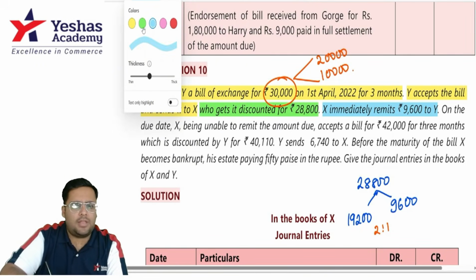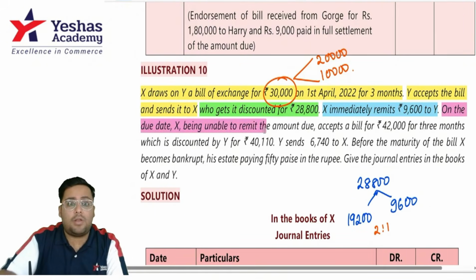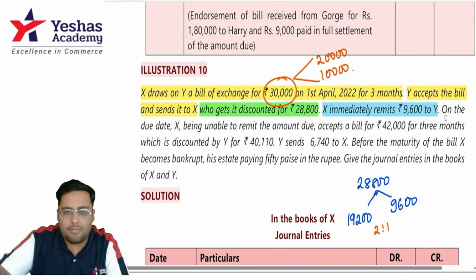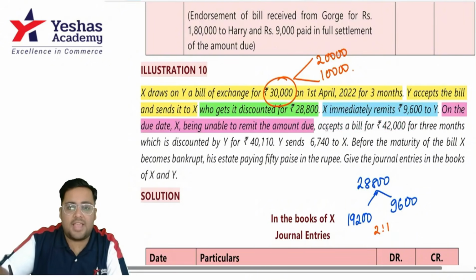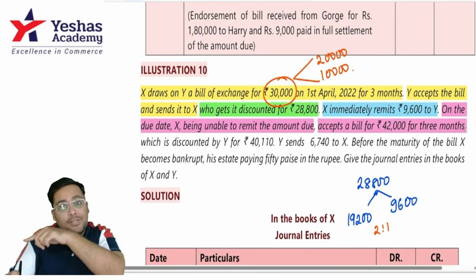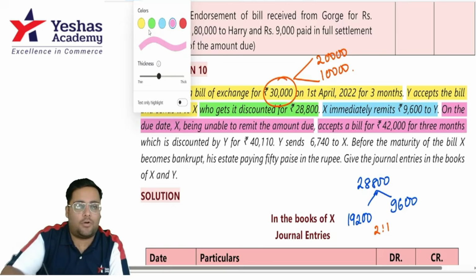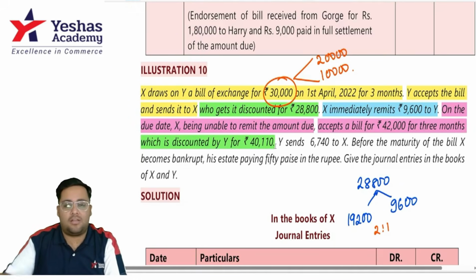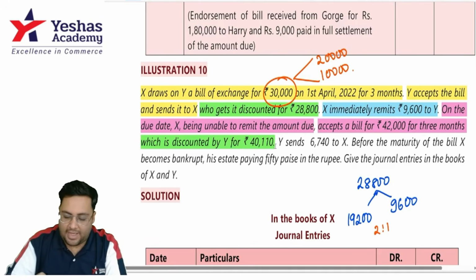Let's continue reading further in the story. On the due date, X is unable to remit the amount due. How much was the amount due? 20,000. X's amount was 20,000. X is unable to remit the amount due, and he accepts a bill of 42,000 for 3 months. He's unable to pay the money. Y draws a bill. X accepts a bill of 42,000, which is discounted by Y for 40,110. 42,000 is the value of the bill.